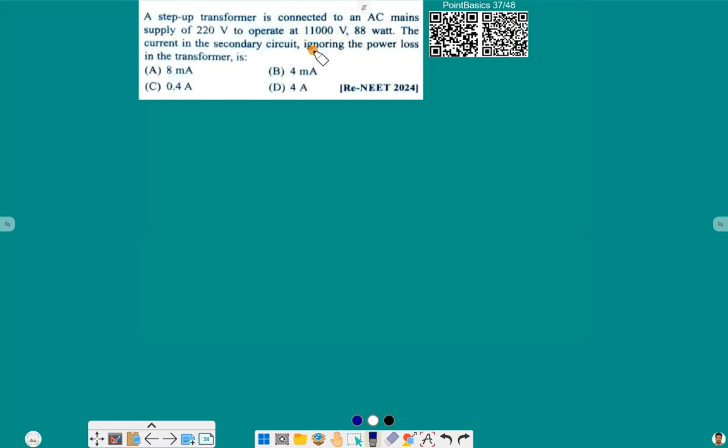So here we have to ignore the power loss, and if we ignore the power loss it means input power and output power are equal, or we can say coefficient of performance or efficiency is 1, and that is equal to P out by P in. So if it is 1, P input is equal to P output, and power is potential multiplied by the current.